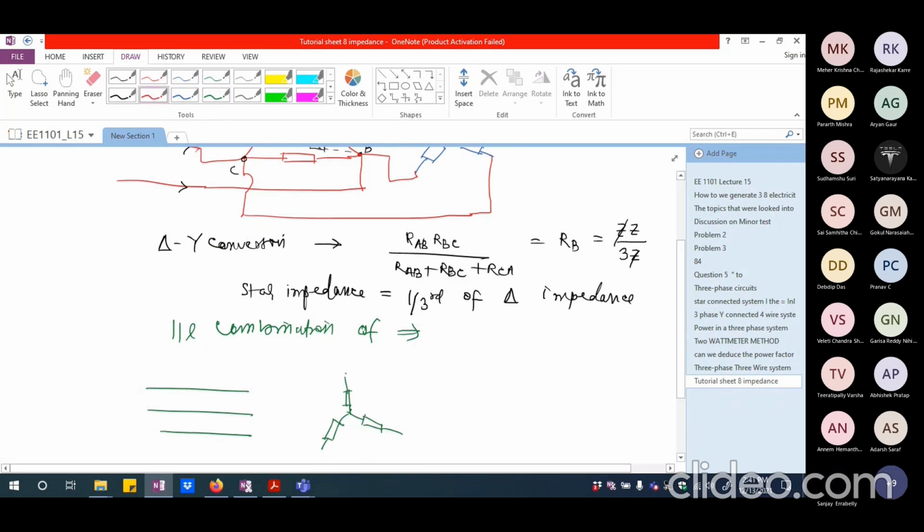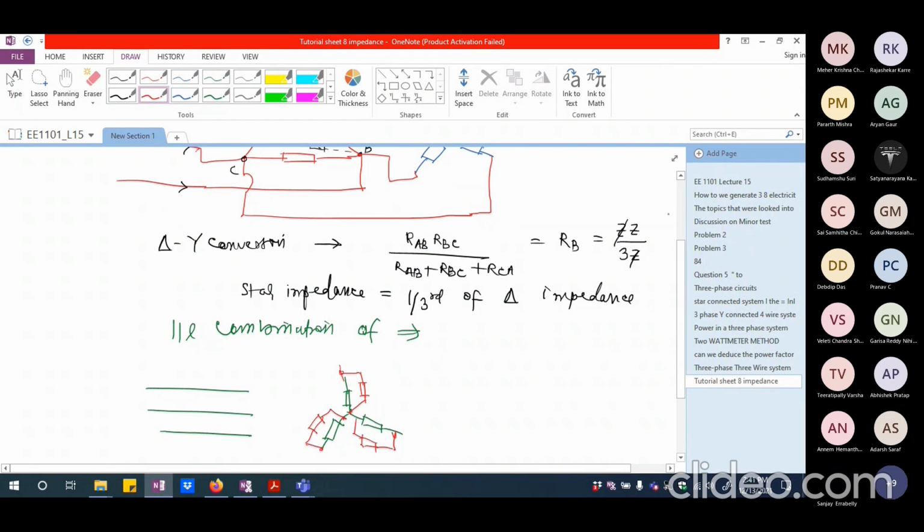I can have one more star connected load like this. These two are in parallel. And similarly, I can have one more in parallel here, and one more in parallel here. So these are going to be the parallel combinations.